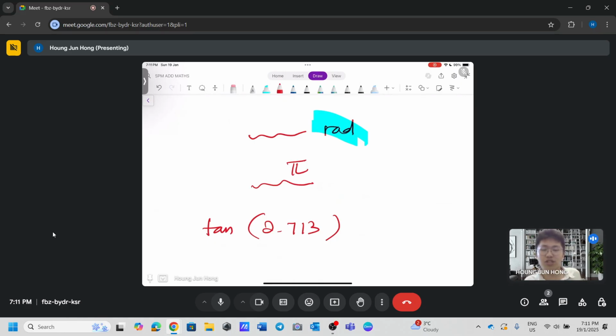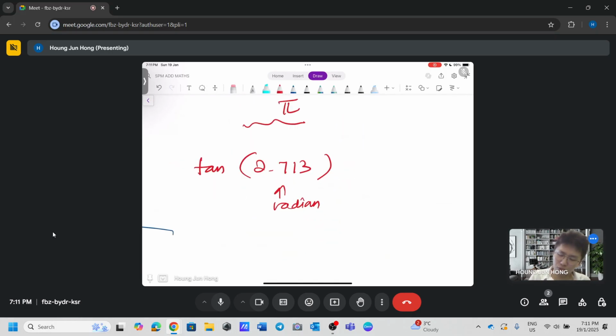But in general life, in general application, when you see this, people usually assume this is radian, because radian is the more preferred language to communicate angle, and also because this number is so small. Who will measure 2.713? That's really too small to be in a range of 360 degrees. That seems a bit odd. This doesn't really make sense.